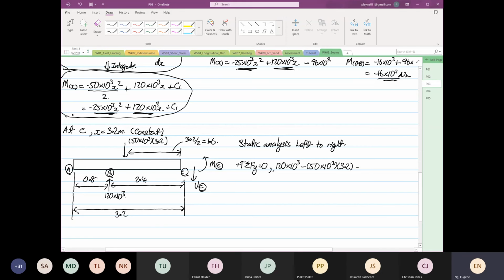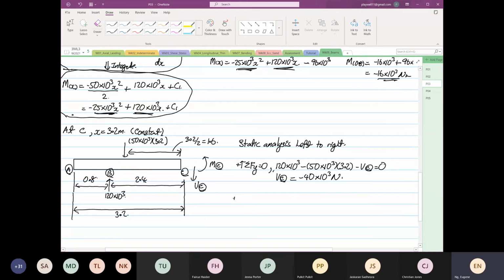And then this is minus VC is equal to 0. Okay, so VC will be equal to 120 power 3 minus 50 power 3 times 3.2. So it's equal to minus 40 times 10 to the power 3 Newton. So that's a constant, right?